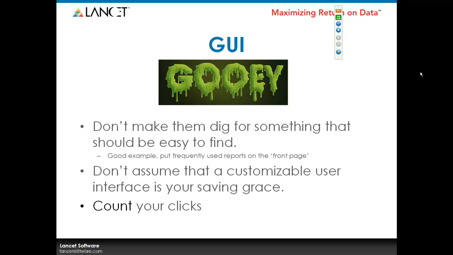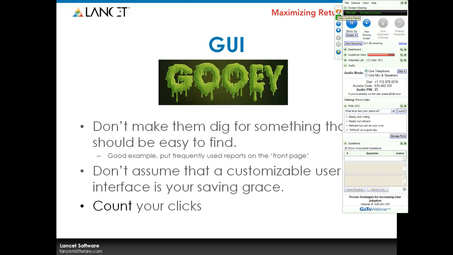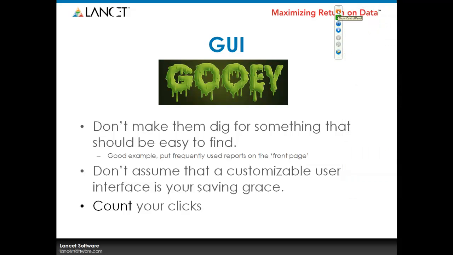So let's start with the GUI, the general user interface. First things first, we all understand that the BI tools that exist today, some of them have better user interfaces than others. So what you want to do is make it as good for them as possible. For one thing, don't make them dig for something that should be easy to find.